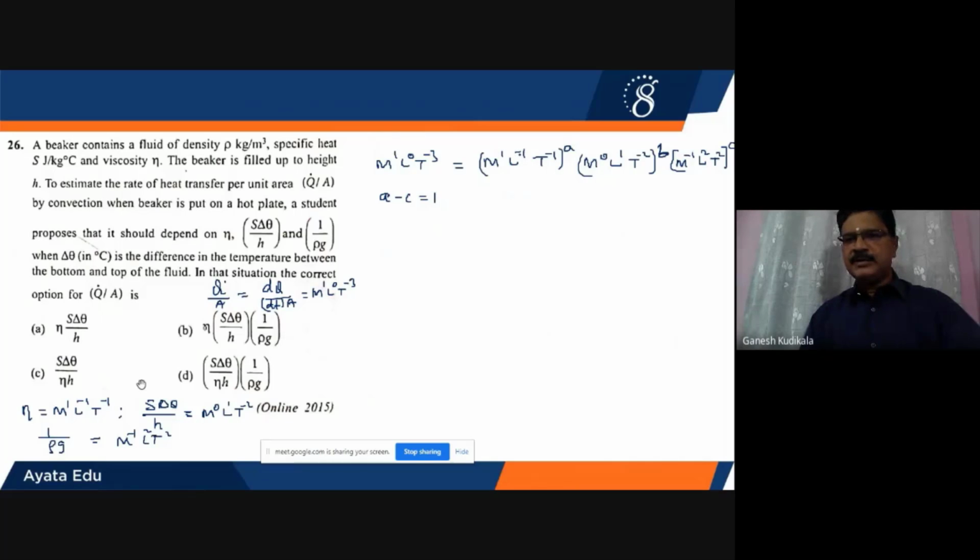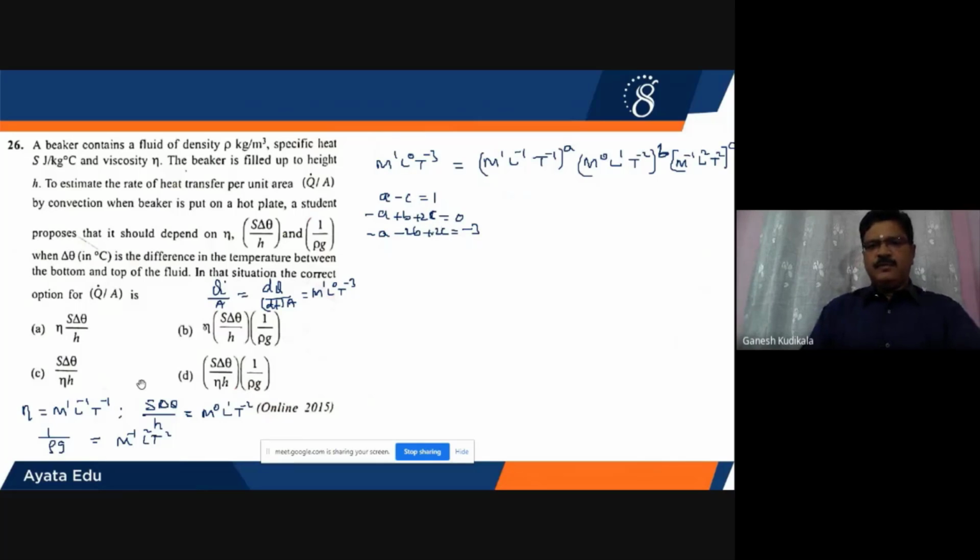Next is minus A plus B plus 2C will be equal to 0. Third one, on time comparing, minus A minus 2B plus 2C will be equal to minus 3.